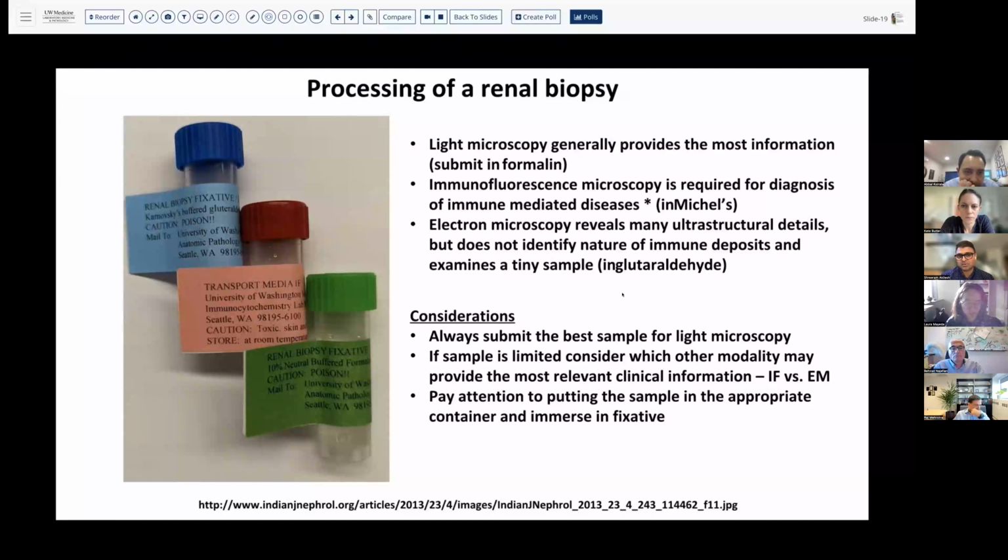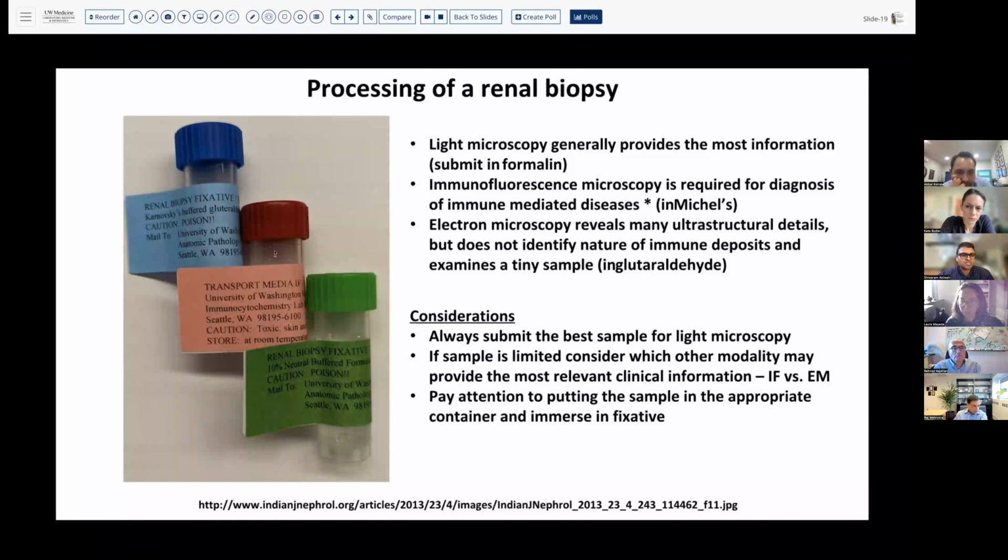These are processed in 3 parallel streams, which we then interpret in the pathology laboratory. The light microscopy specimen, which is submitted in formalin, this green tube here, provides the most information. And so you generally want to submit your best sample for light microscopic evaluation in this tube.